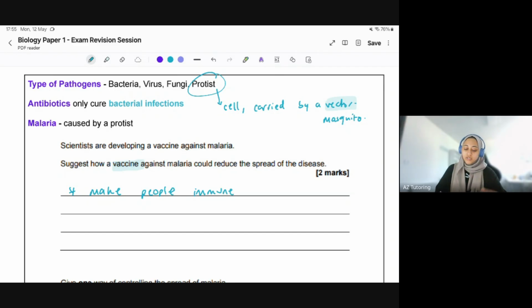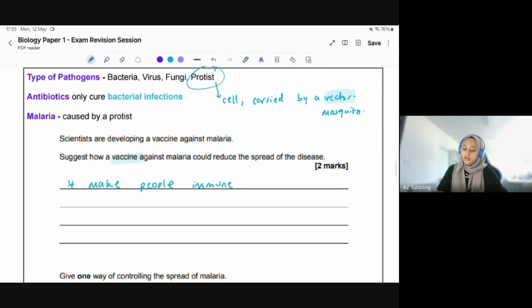Whenever you've got a question like suggest how a vaccine against malaria could reduce the spread of disease, you're not saying what the vaccine's doing. You're not describing that you're injecting a weakened or dead form of the pathogen and then the antibodies getting released and so on. You're just explaining how it is reducing the spread of the disease. So please try and answer the question. Don't waffle and write so much, because you lose marks for that waffle.